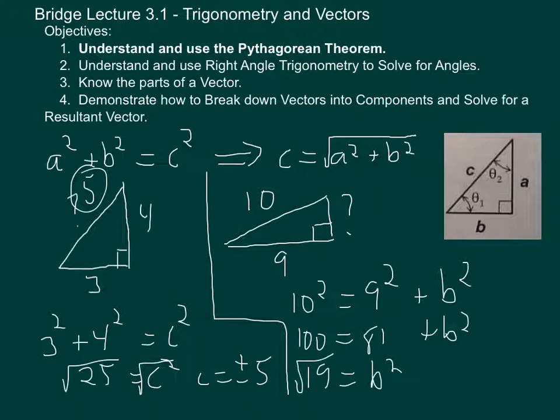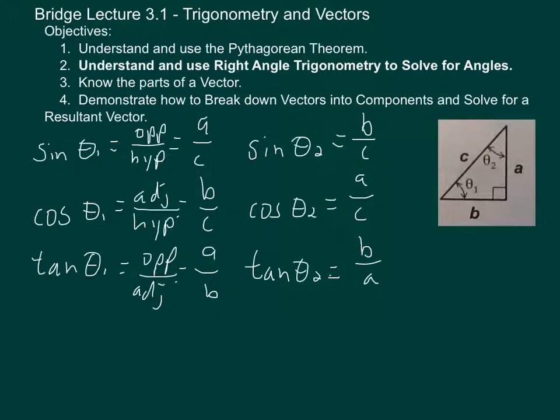And if I take the square root of both sides, b equals plus or minus the square root of 19. But really, b equals the square root of 19. Does it matter that I named this side a and this side b this time? Absolutely not. It's arbitrary. The only thing that is not arbitrary is the hypotenuse is always c.